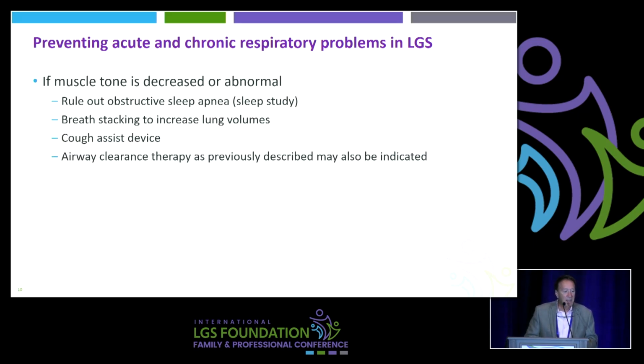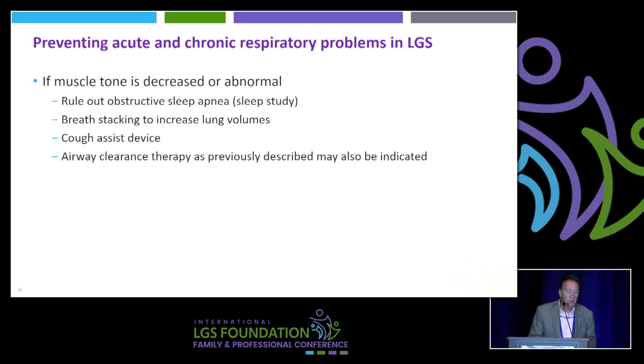If somebody has decreased muscle tone, then we want to, first of all, rule out obstructive sleep apnea, which can also interfere with overall ventilatory response. And then we also talked yesterday about a technique called breath stacking to increase lung volume and increase the power of the cough, as well as something called a cough assist device.